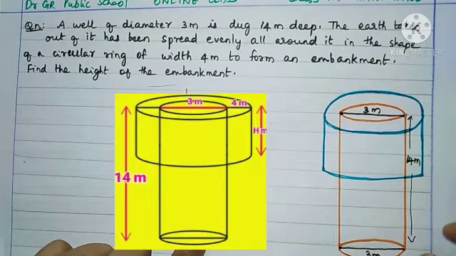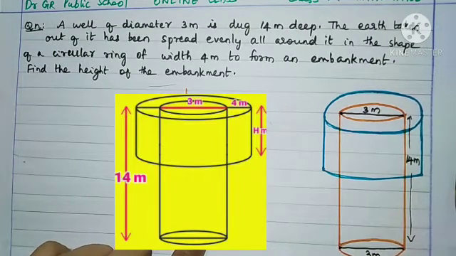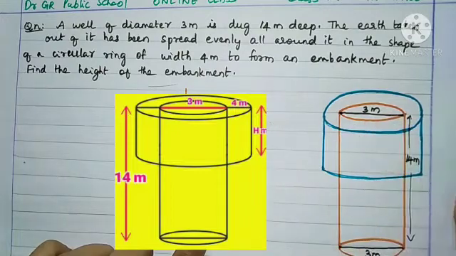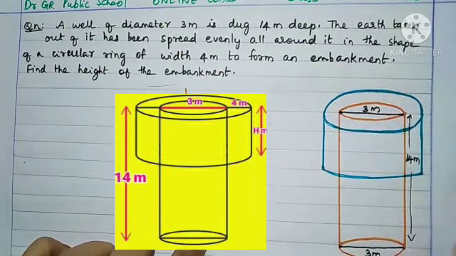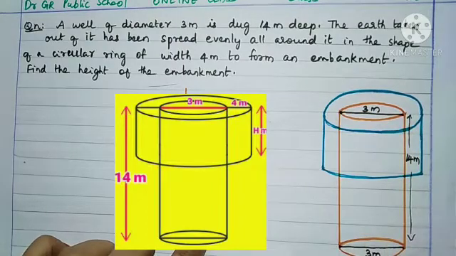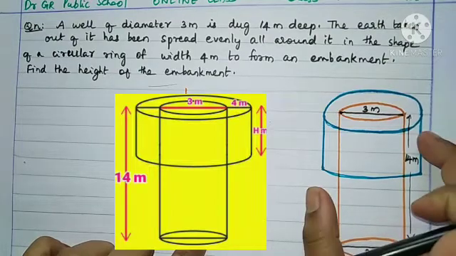Now you see, children, this well is related to which shape? It is cylindrical in form. Understand? The base and top are circle shaped, and in between this height is given, so it is in the form of a cylinder. Now come to the embankment.